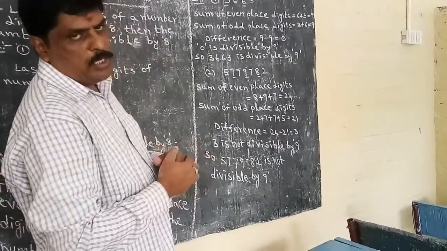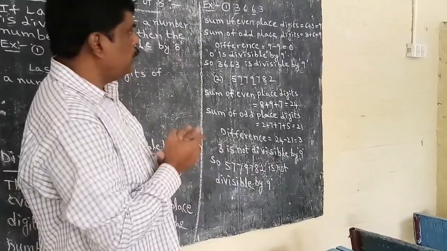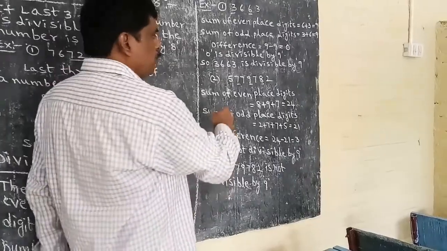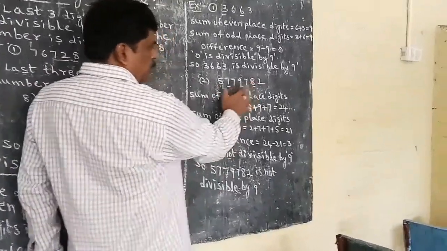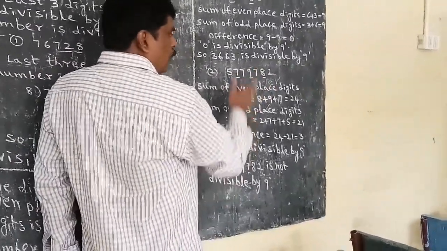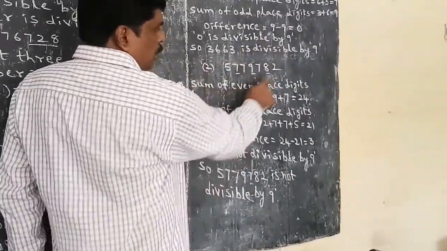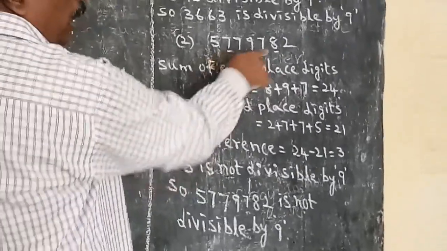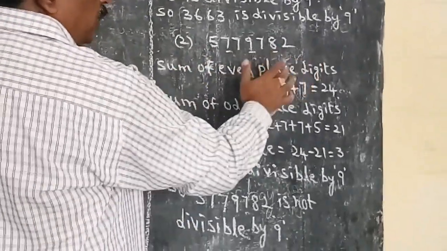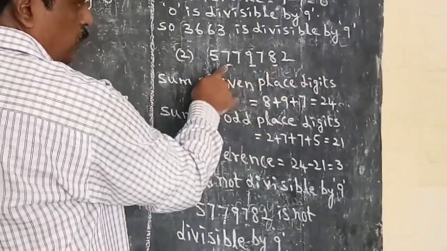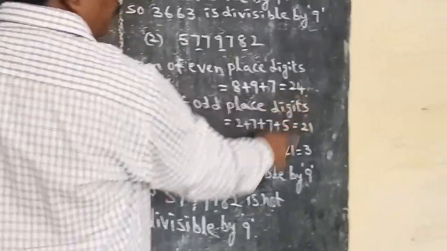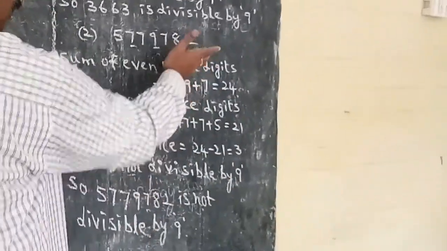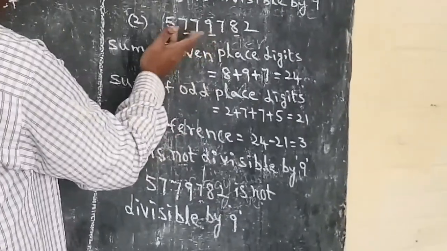I have given another example for you to understand the divisibility of 9. Here I have given a larger number. What are the even places in this number? Second place 8, fourth place 9, sixth place 7. The sum of the even place digits is 8 plus 9 plus 7, that is 24. The odd places are the ones place, third place, fifth place and seventh place.